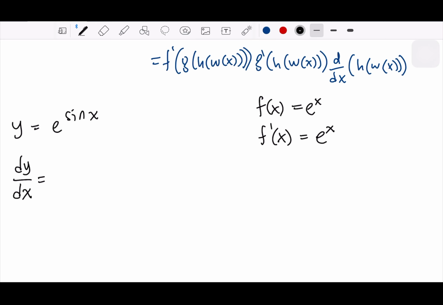So if we have e to the sine x, it means that the whole function, or the outside function, is just e to the power of x. So we can set up f of g.